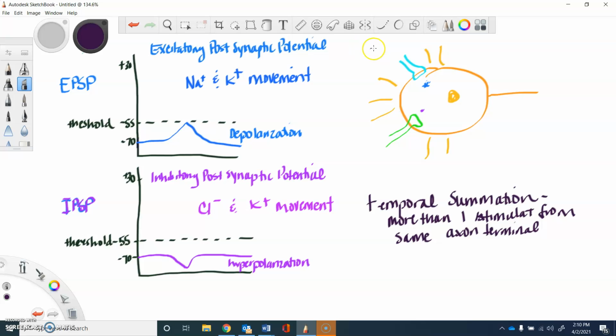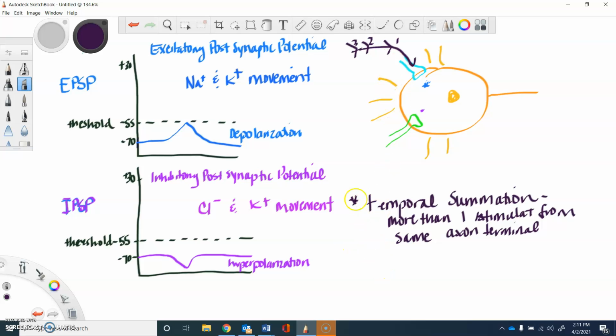So let's say I'm sending in one action potential and two action potentials and three action potentials over this same one. That's going to stimulate more neurotransmitter, and that's going to get a higher or a stronger graded potential. Okay, so that is called temporal summation.